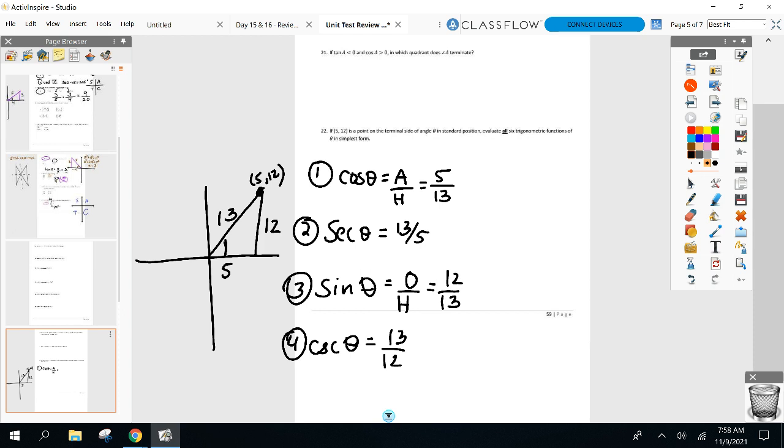And then we got two more, right? What do you got? Tan. Opposite over adjacent. 12 over 5. And then finally, the reciprocal of tangent, cotangent, 5/12.